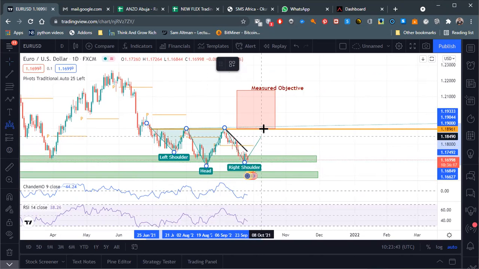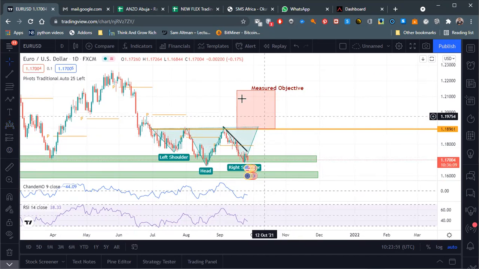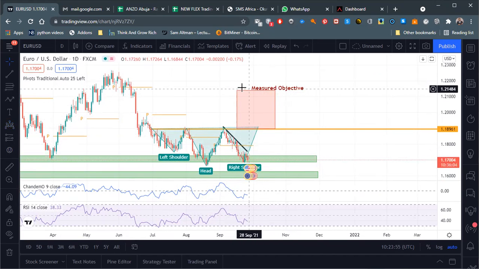To form the right shoulder. And if and when that materializes, that could turn out to become a head and shoulder pattern with a measured objective, where this would be my target up here around 21.35.